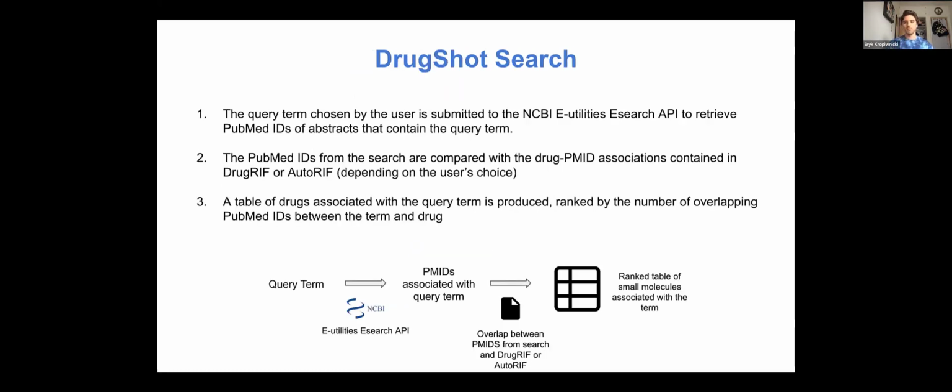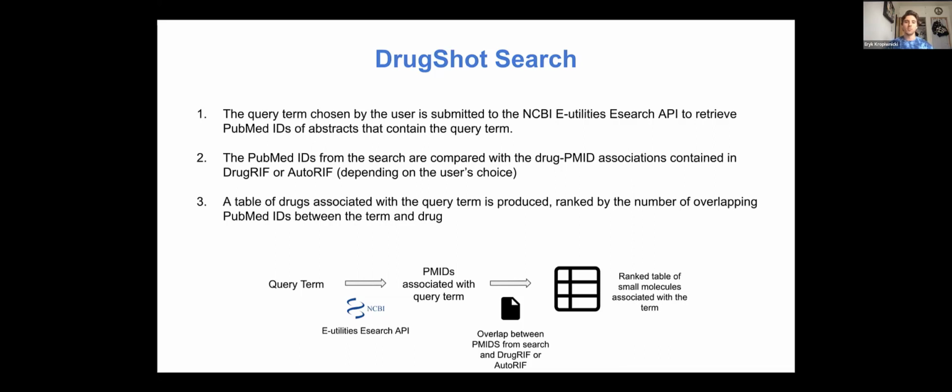And just to give a visual for how this Drugshot search is conducted. Again, we have this query term that's chosen by the user, which is submitted to the NCBI E-utilities ESearch API, which we just termed the PubMed API. And we find PubMed IDs of abstracts that mention this query term.